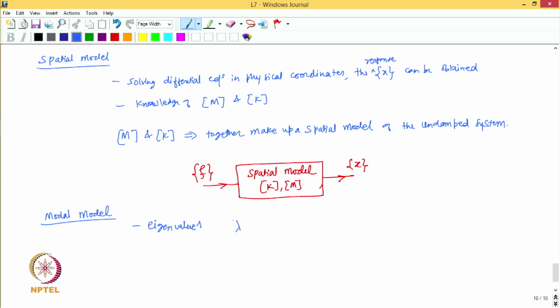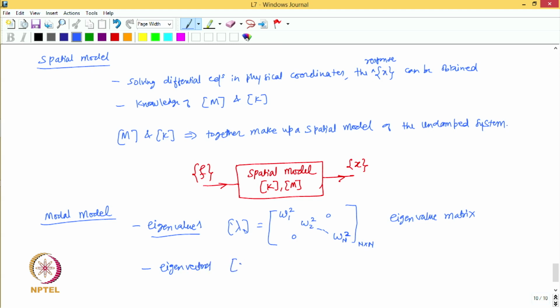So, therefore, if we put the eigenvalues in the form of a diagonal matrix, it would be something like this. We will have omega 1 square, omega 2 square, up to omega n square. These are the eigenvalues on the diagonal. This matrix is an n by n diagonal matrix, and this we call the eigenvalue matrix. Similarly, we have the eigenvectors, in the form of the mass normalized eigenvectors.